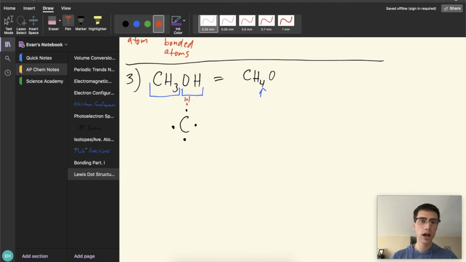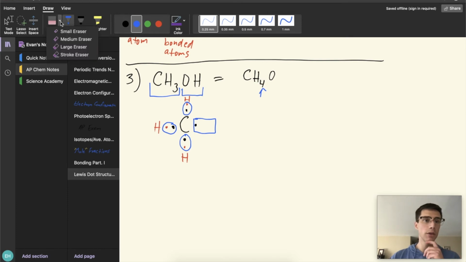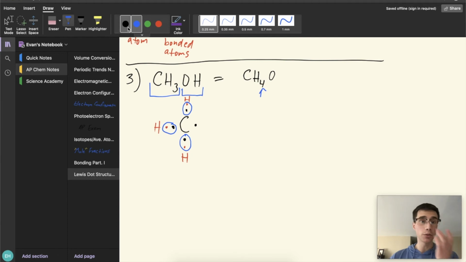So again, hydrogen only has 1 valence electron. So we can think of all of these electrons forming covalent bonds right here. Now, we still have a bonding location here, but keep in mind, it was written OH for a reason. So I'm going to draw the oxygen on the right side of the carbon just because that's how it was shown to us in this formula.